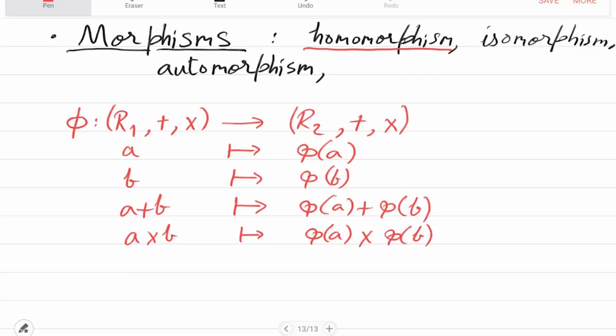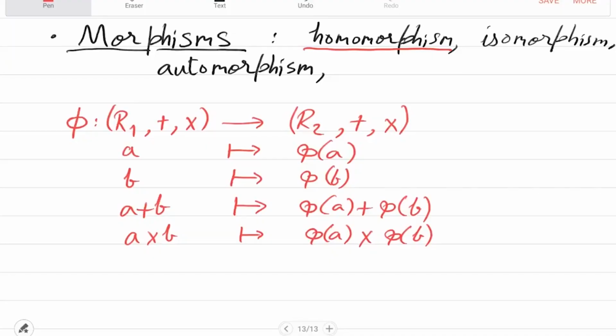Every element in R2 is hit, and it is hit in a unique way. There should not be two elements in R1 which are mapped to the same element in R2, and every element in R2 should be covered. So it should be a bijection at the level of sets, and then it's an isomorphism.